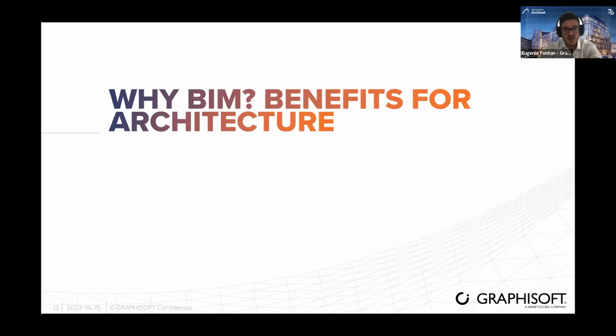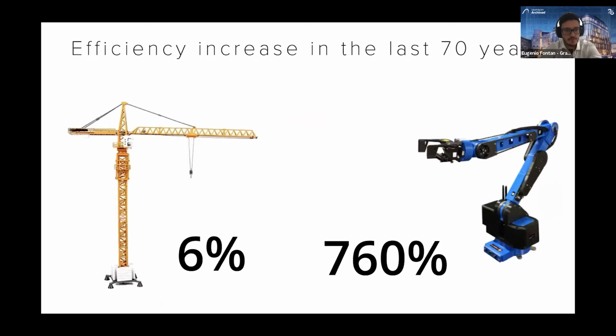So what are the benefits for architects when it comes to BIM? Well, first of all, we need to understand the situation. Our industry is really inefficient when compared with other industries. The increase in efficiency of the construction industry is very low compared to industries like manufacturing, for example, that has increased exponentially in the last 70 years.